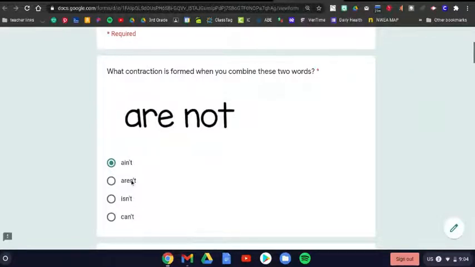Which of these four choices is the correct contraction for are not? Put that in the chat box. Someone says ain't. Someone says aren't. What are some other thoughts? What contraction does are not become?